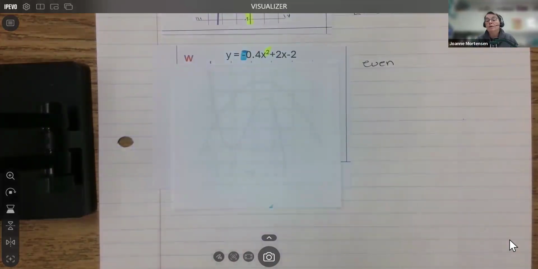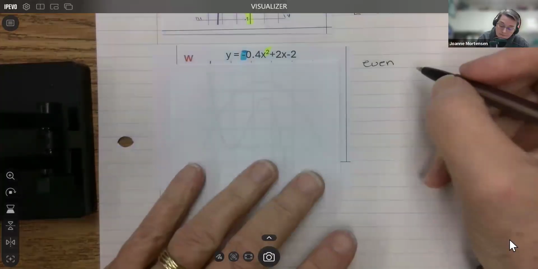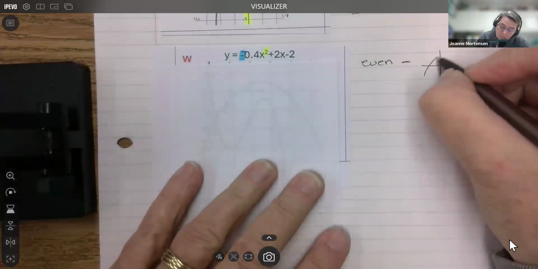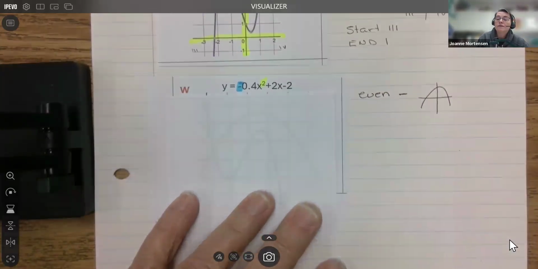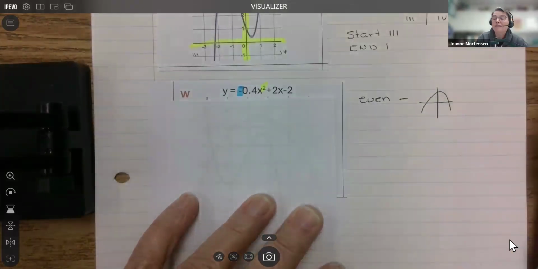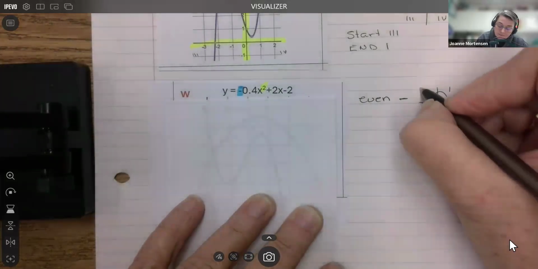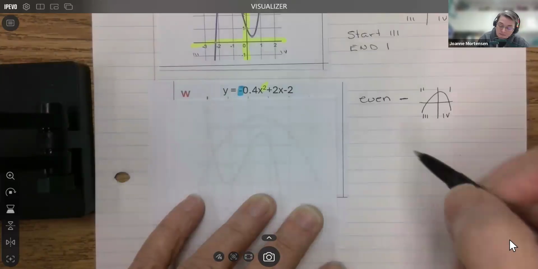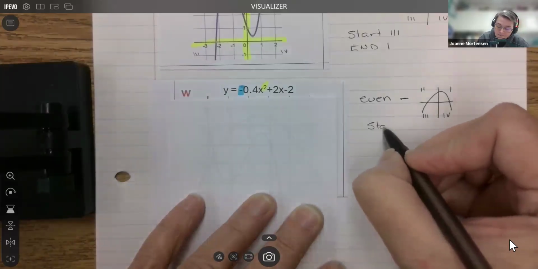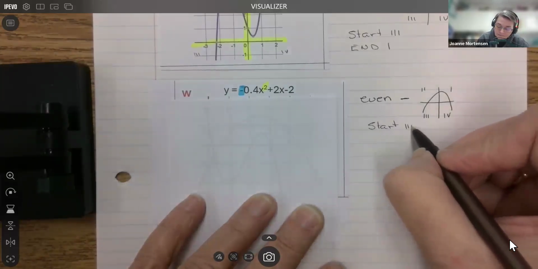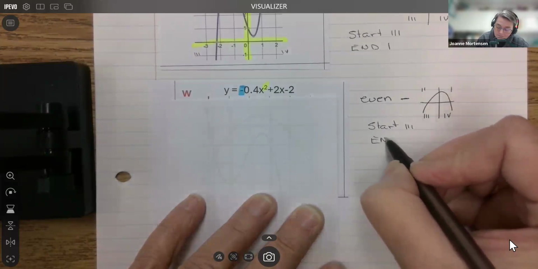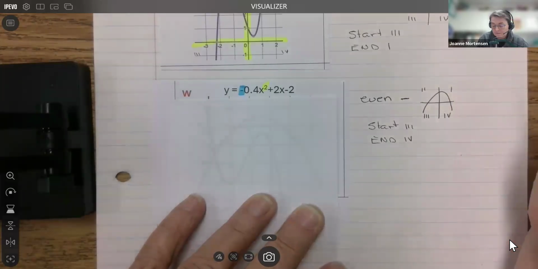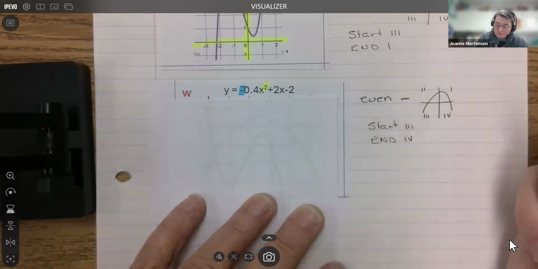Or sorry, negative 0.4. All I care is it's negative. Okay, so I know that gives me an upside down parabola or a frowny face. So I'm going to start in 3 and end in 4. Yeah, that seems about right.